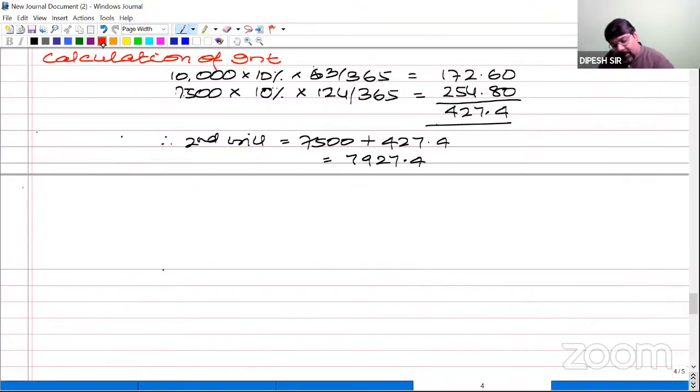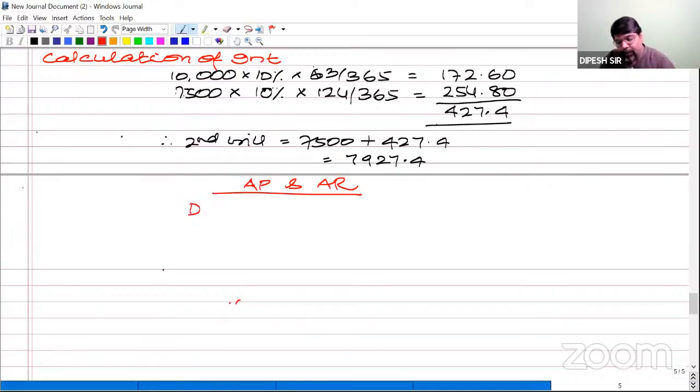So what to do in case of interest on loan? Or first I can say there is amount payable and amount receivable. Then what do you do? You write amount payable, cross, cross, cross. And the amount receivable, you write negative.